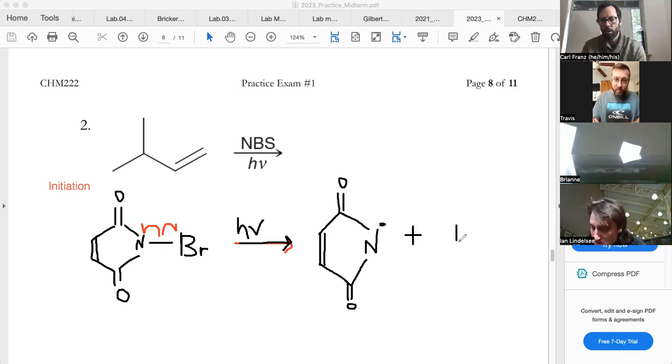And then we have what we were wanting to get all along, bromine free radical. Now, propagation.